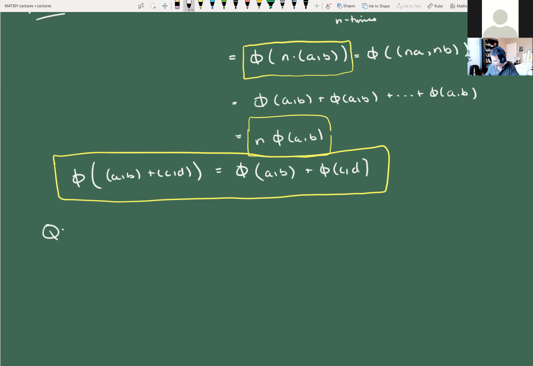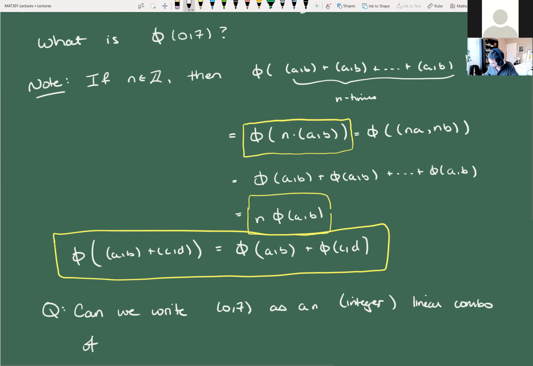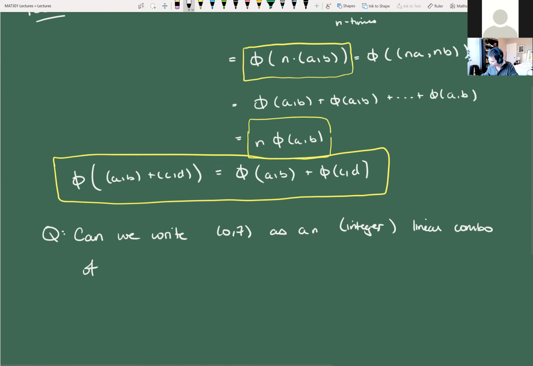So question, can we write (0, 7) as, and let's maybe say here, integer linear combination. What were my two vectors again? (2, 5) and (3, 4).